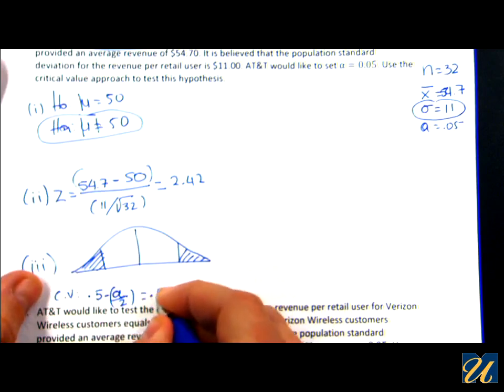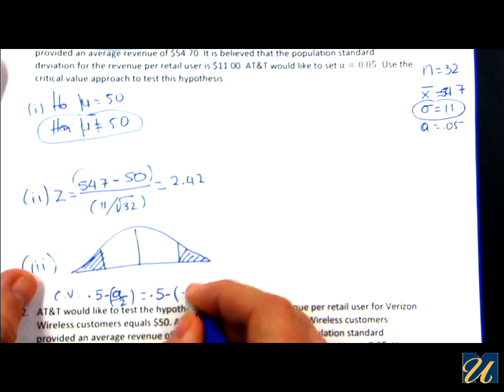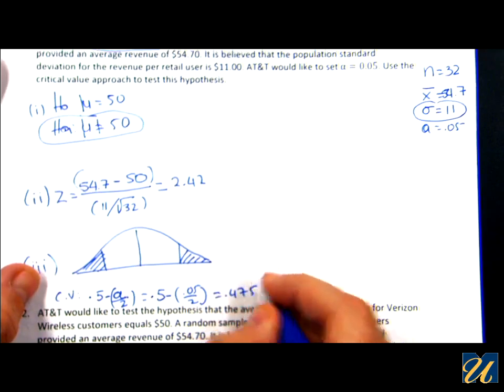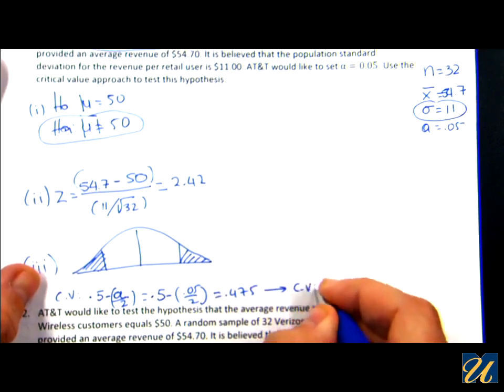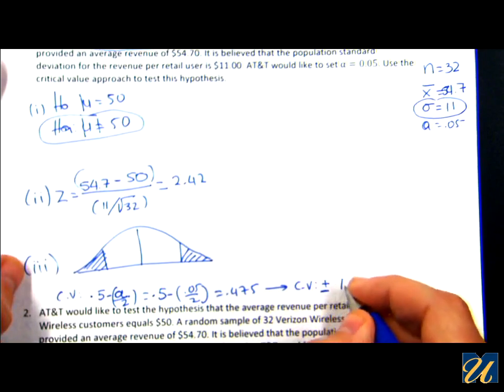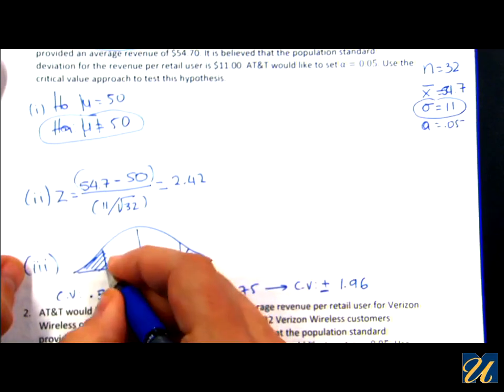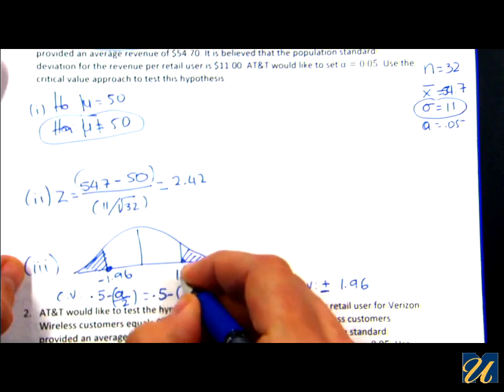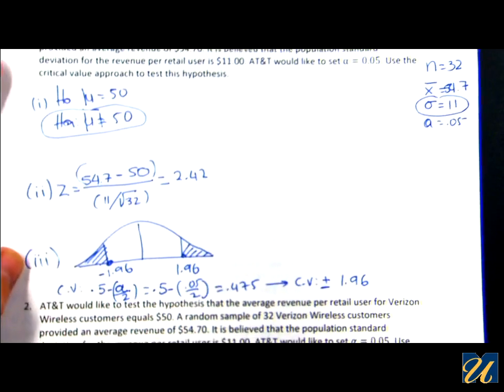So 0.5 minus 0.05 divided by 2. This will be 0.475. 0.475 will give you critical value of plus minus 1.96. So this point here will be negative 1.96. This point here will be positive 1.96.